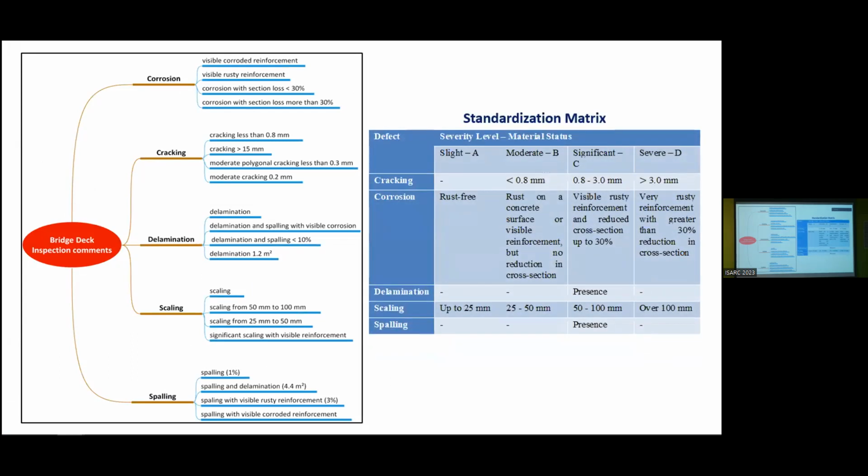This common language was then extracted and transformed into standard format. For instance, if the inspection comment includes cracking greater than 15 millimeters, then the cracking severity can be standardized to severe and so on, using the shown table.